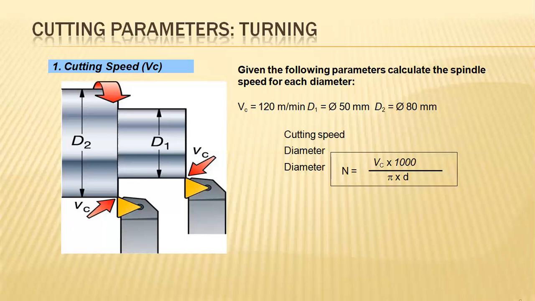You need to identify here also the cutting speed and diameters. For the spindle speed, n is equal to VC into 1000 divided by pi d. Same formula.